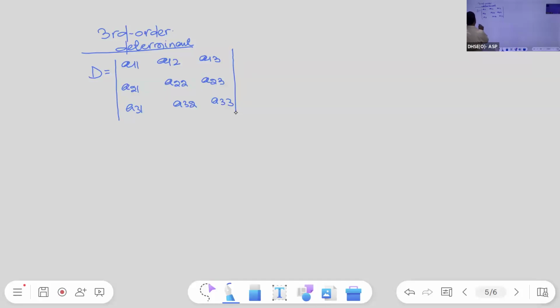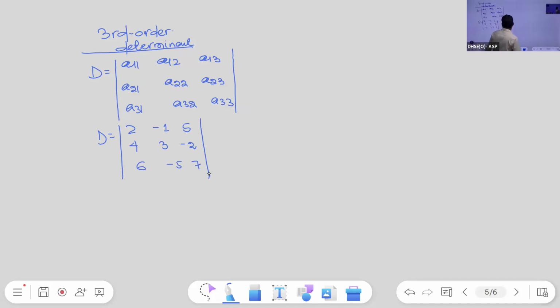For example, D equals, suppose, 2, -1, 5, 4, 3, minus 2, 6, minus 5, 7. This is a third order determinant.